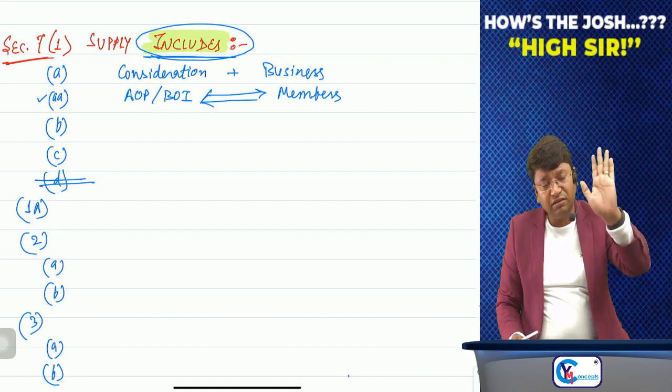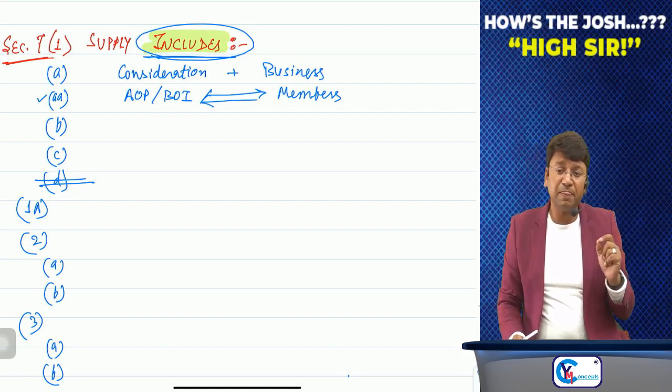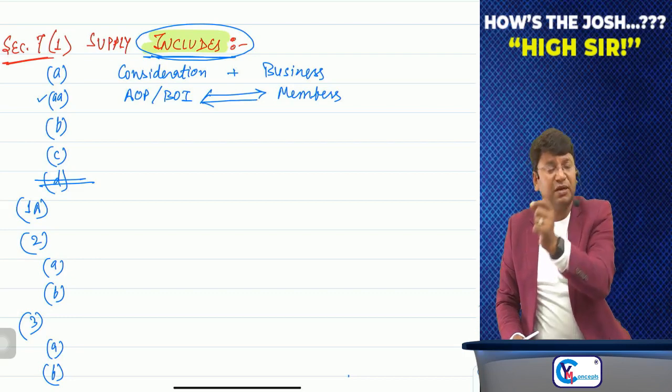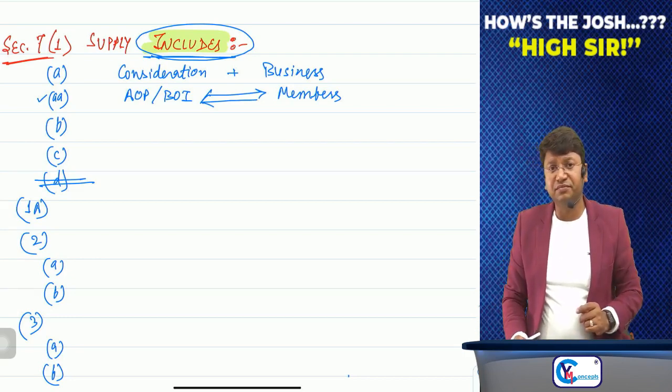So the government said, "Arey Baba, it is supply, because a member in his individual capacity is a separate person. AOP is a separate person in its individual capacity."